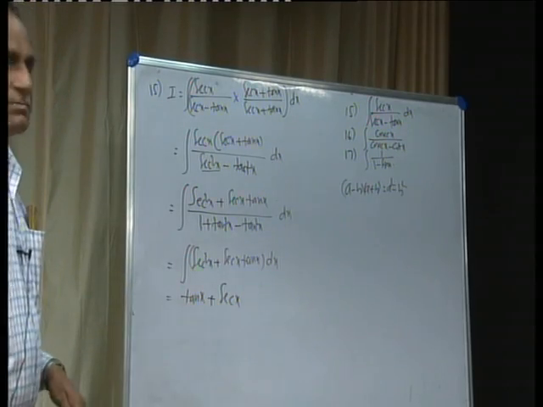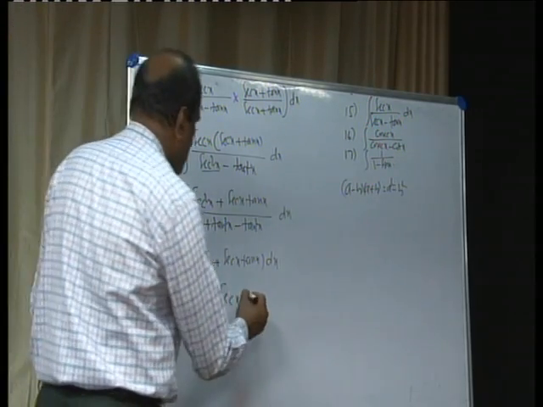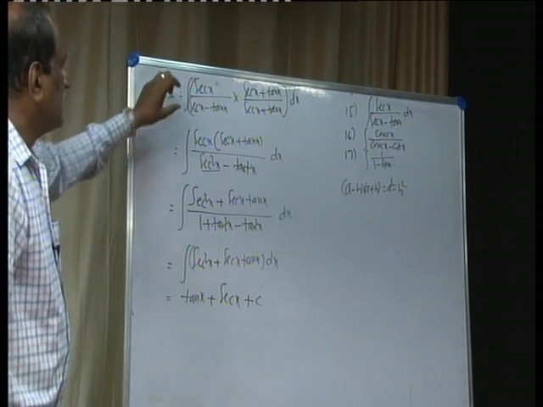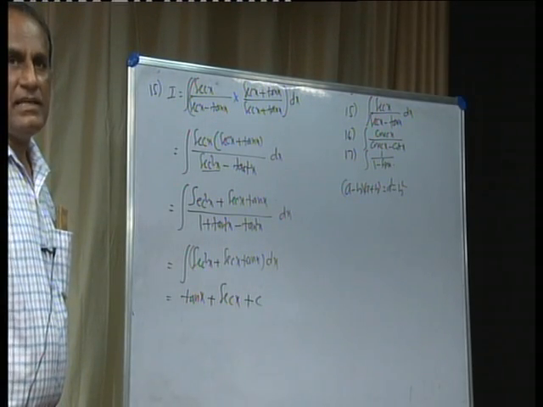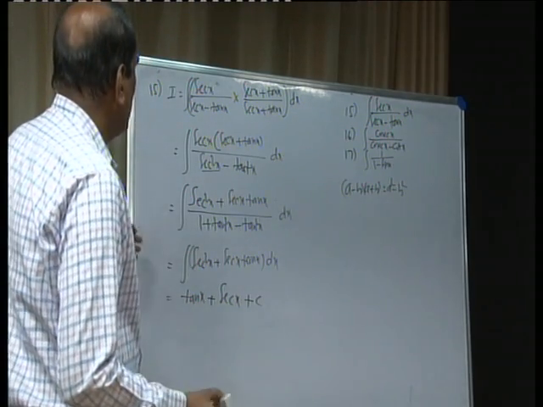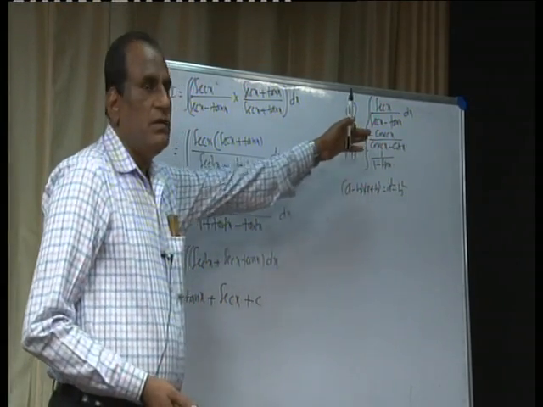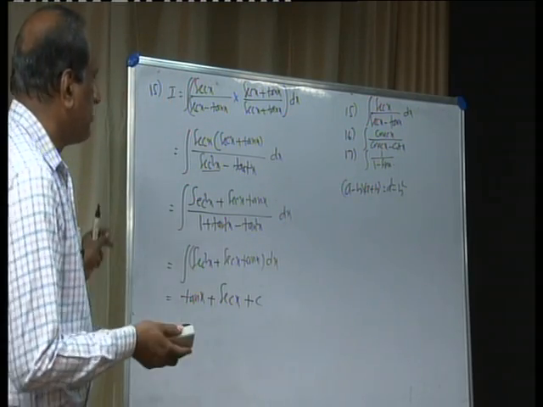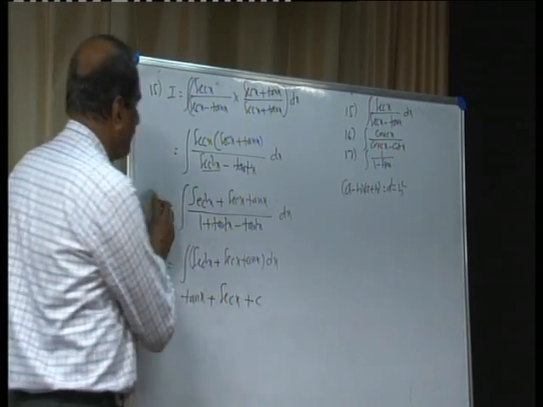So tan x plus secant x plus c. So this is the procedure to do integration by rationalizing the denominator. For the same problem consisting of cosecant x and cot x, the same procedure is to be adopted.